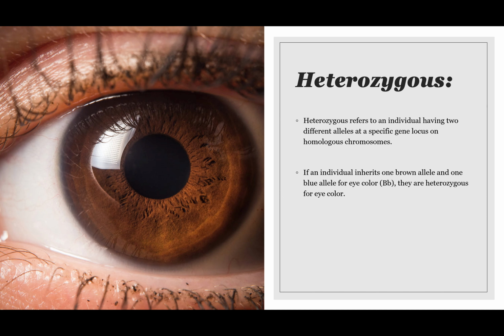So you're going to have two different ones, and most likely in heterozygotes the dominant one is shown. If there are two dominant, then it's going to be either codominance or what we call incomplete dominance.